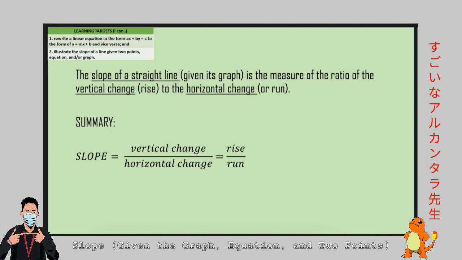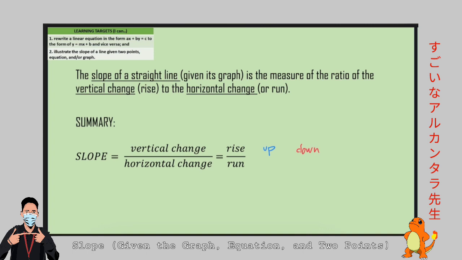The slope of a straight line given the graph is the measure of the ratio of the vertical change and the horizontal change. The slope, which is the vertical change, implies the rise, right? And it's important to take note that if we're talking about the rise, there are only two directions. It's either we go up or we go down.